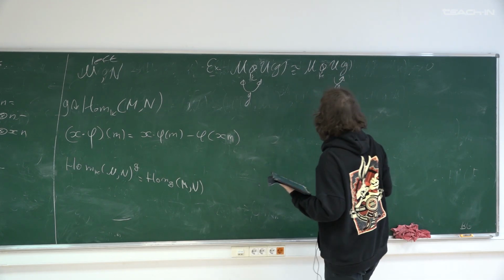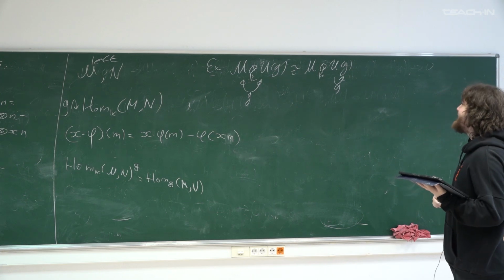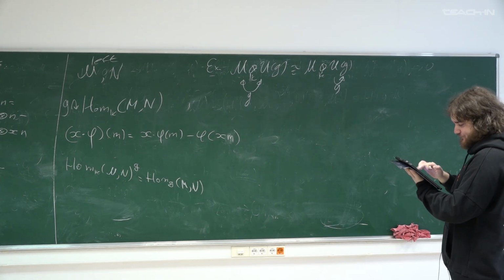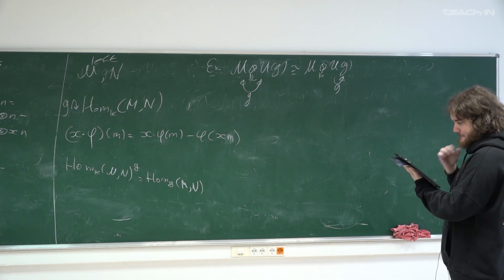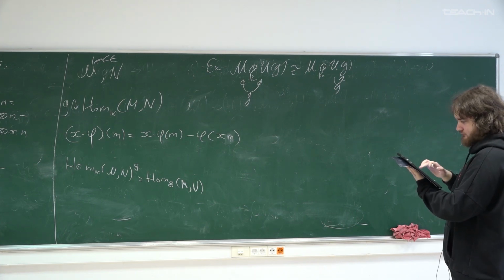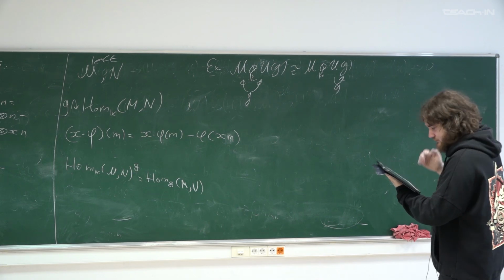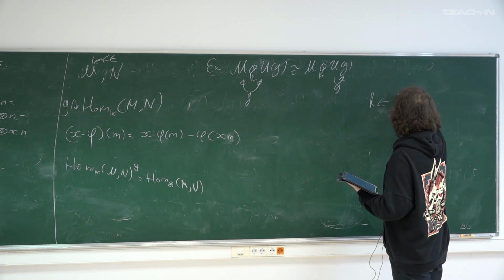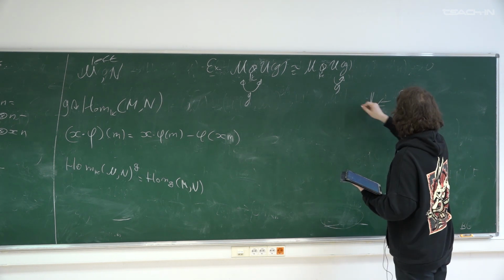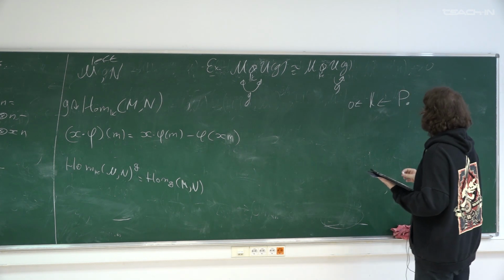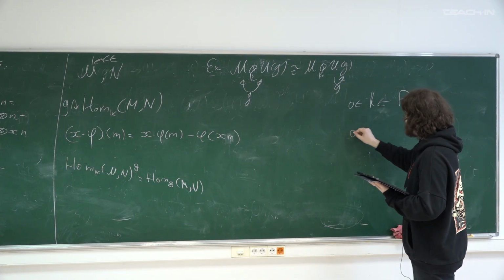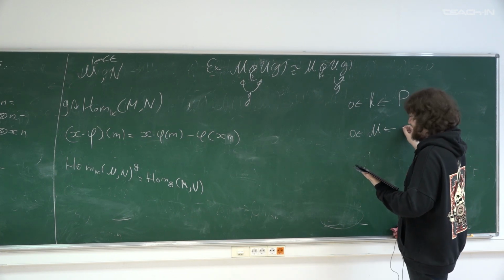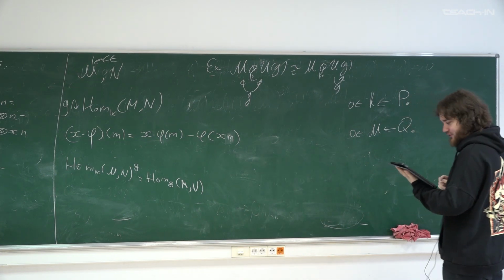It's the same as for groups. But it's not very important. The important thing is that we can consider K and a free UG resolution, and some module M, and also some free UG resolution.